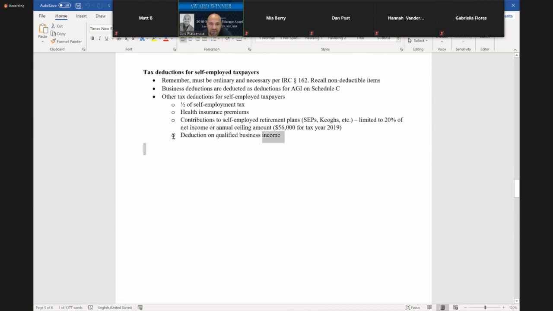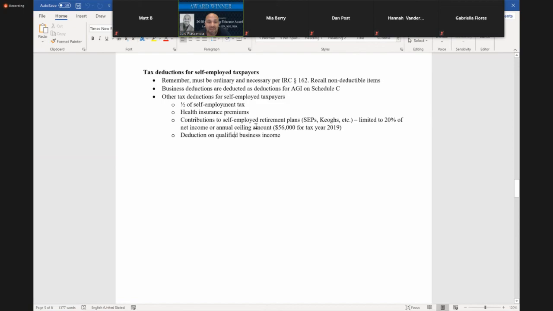Deduction on qualified business income, that's new as part of the Tax Cuts and Jobs Act, a very underused deduction. Some people, those rules that we just walked through, those steps, I think a lot of people don't do those steps because it seems complicated, but it really isn't. But you saw in our problem, that's a $3,000 deduction that if they're not taking it, they're leaving it out there.